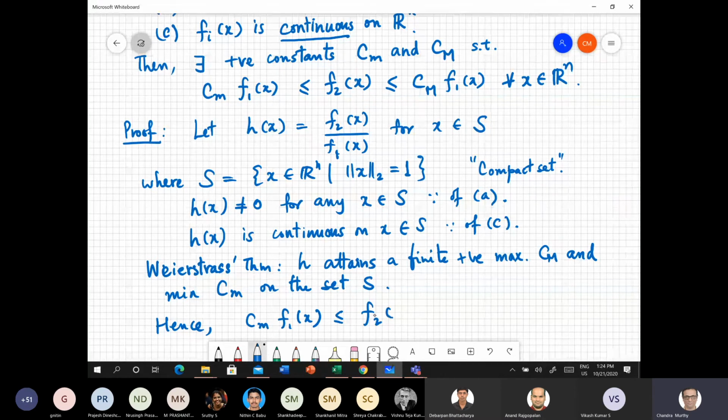So h of x is bounded between C small m and C capital M, and h of x is just f2 over f1. I'm taking f1 to the other side, and then I have C capital M times f1 of x for every x in S.